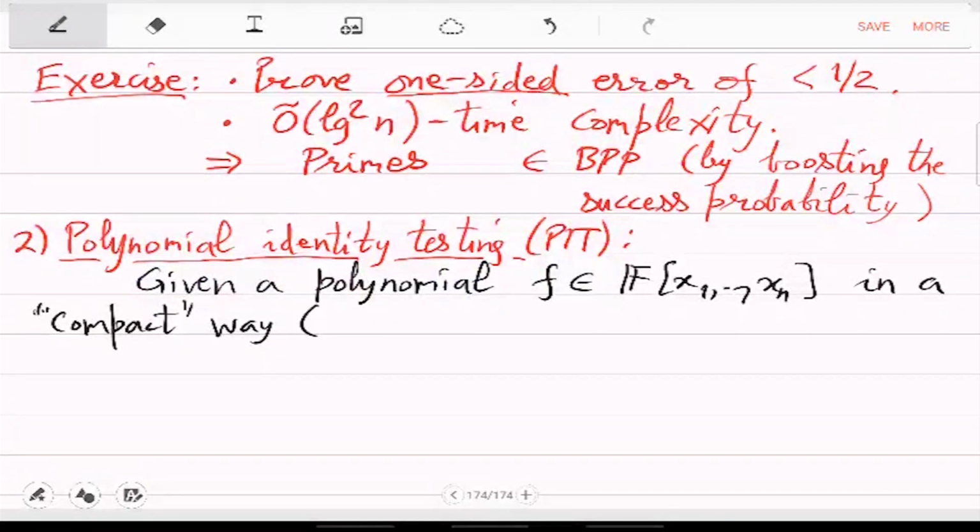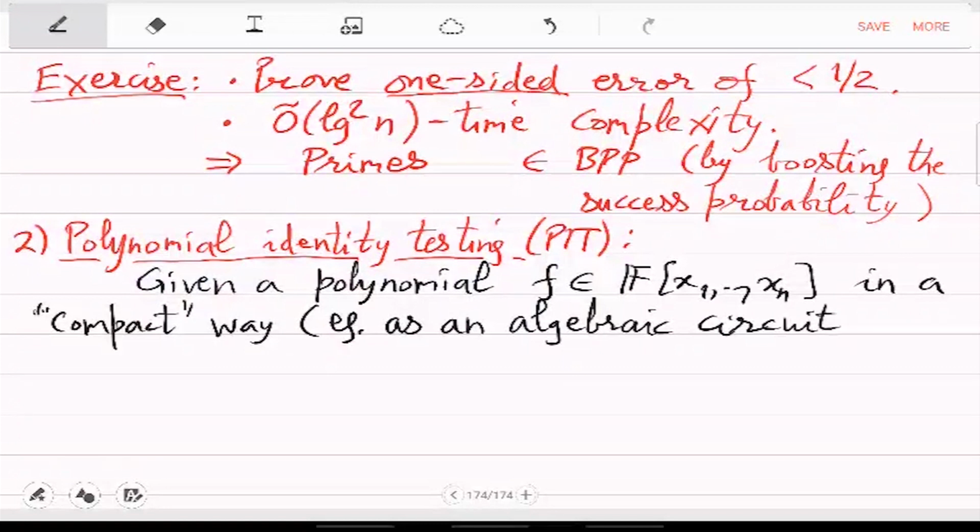What's a compact way? For example, as a circuit. Okay, so an algebraic circuit expresses a polynomial in a compact way.